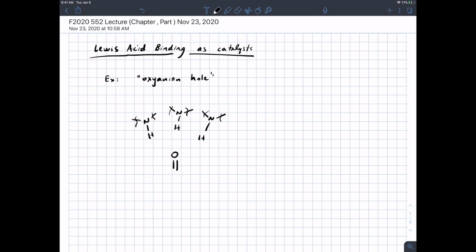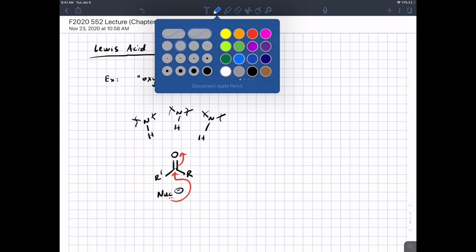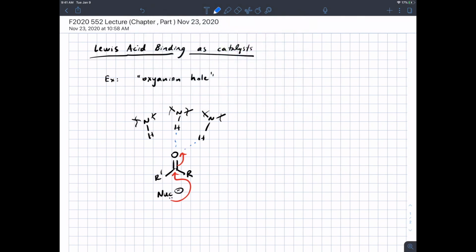So here's your ketone, here's your nucleophile, and attack of the nucleophile is made easier by the fact that the negative charge is going to be stabilized by all of these partial positive charges that are already in the right place to basically solvate the negative charge.